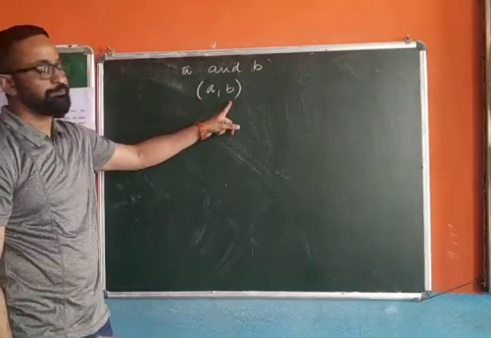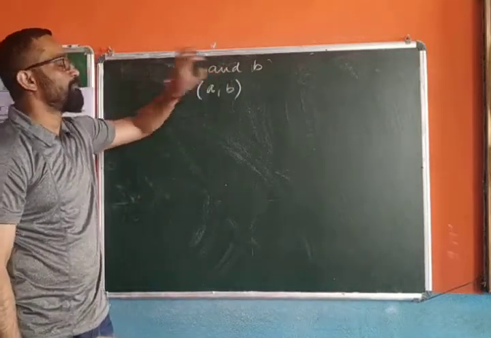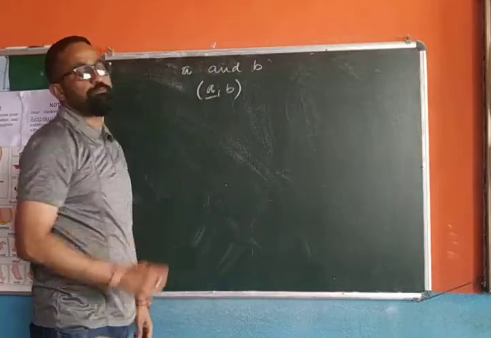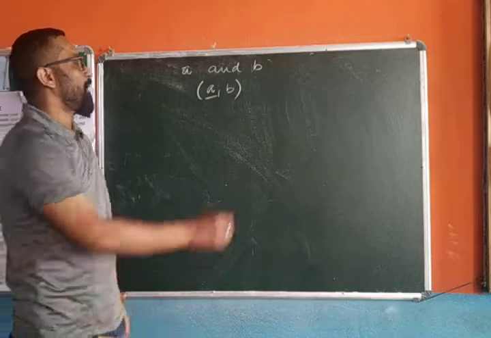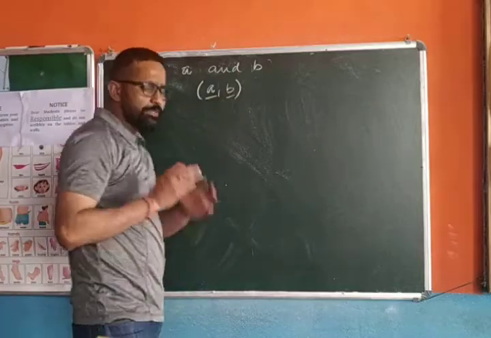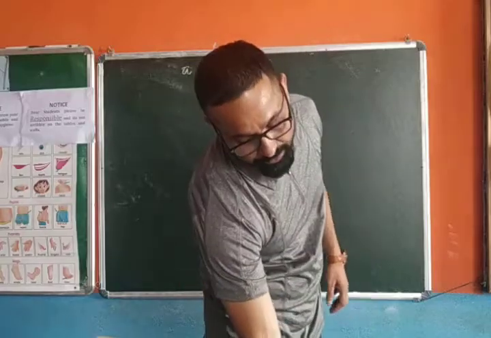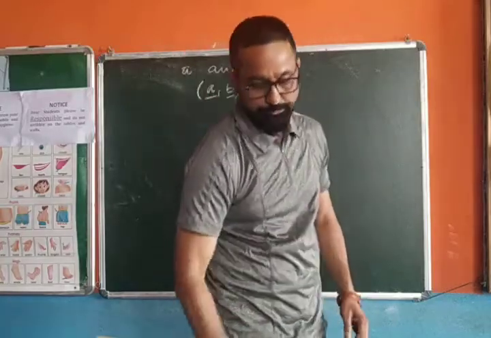Specific order: you write A first, then B. A is called the first member of the ordered pair and B is called the second member. It has to be in the specific order.